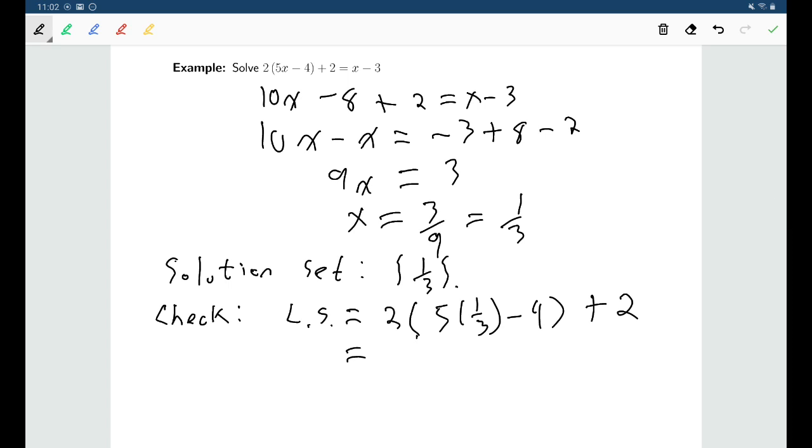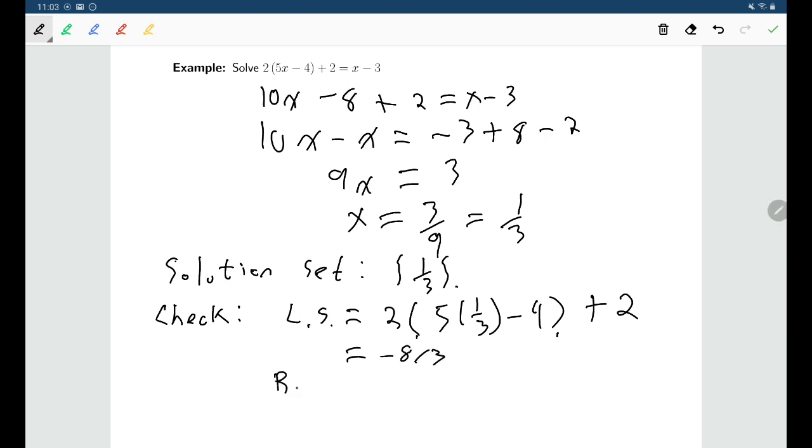I'm not turning this into a decimal because, again, we want to make sure that we get an exact answer. Then minus 4, closing my right bracket, and then plus 2. And if I hit equals, I get negative 2 2/3, or as an improper fraction, I get negative 8/3.